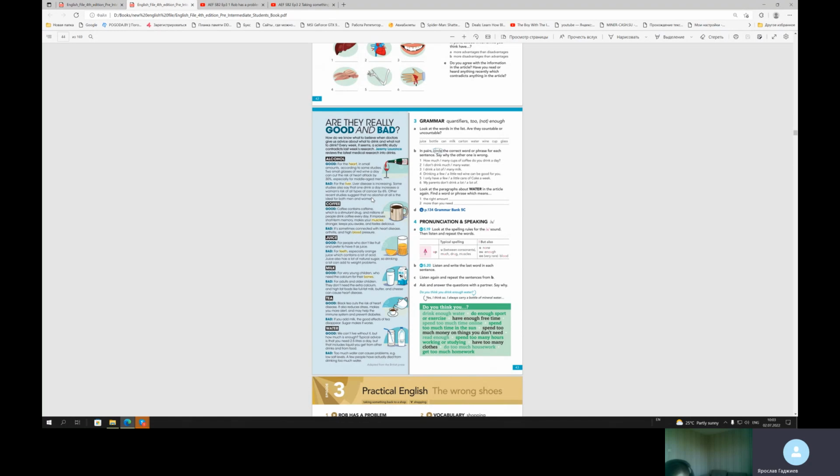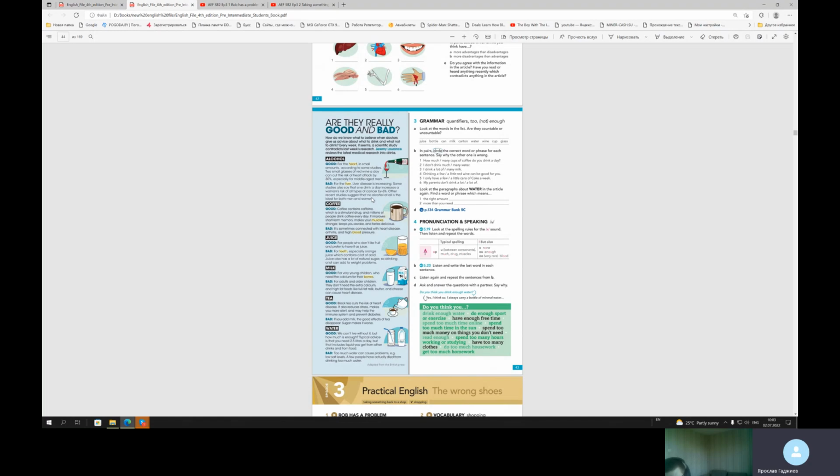Coffee. Good. Coffee contains caffeine, which is a stimulant drug, and millions of people drink coffee every day. It improves short-term memory, makes your muscles stronger, keeps you awake, and tastes delicious.